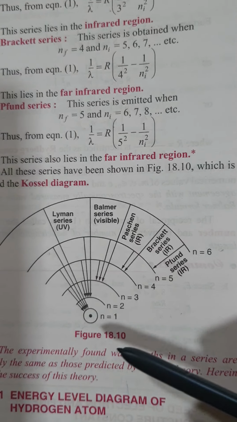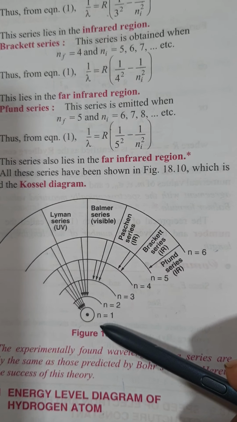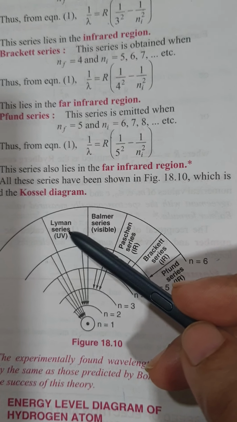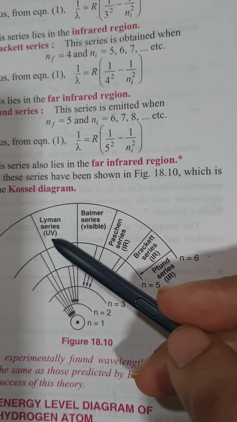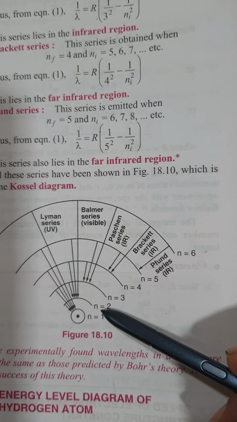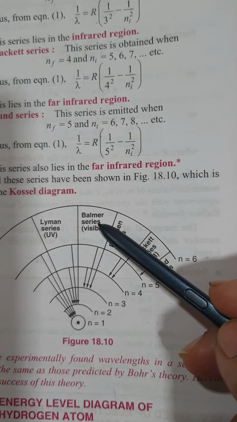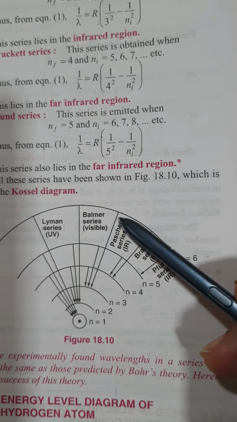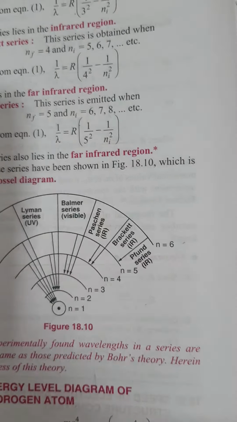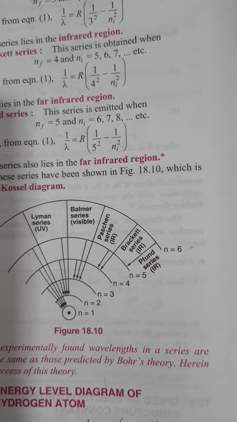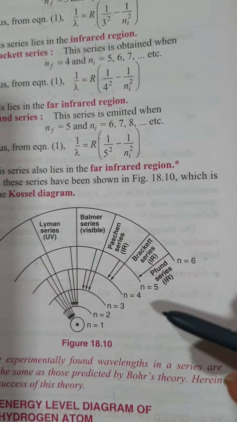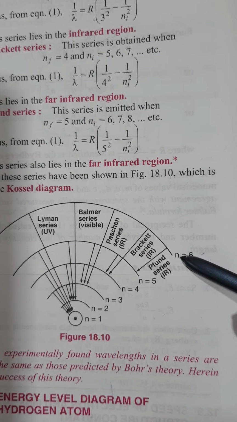So see, transition from higher orbit to the first orbit is the Lyman series, UV region light. Higher orbit to n equal to 2 is the Balmer series, visible light. Higher orbit to n equal to 3 is the Paschen series. Then higher orbits to n equal to 4 is Brackett, and last is Pfund.